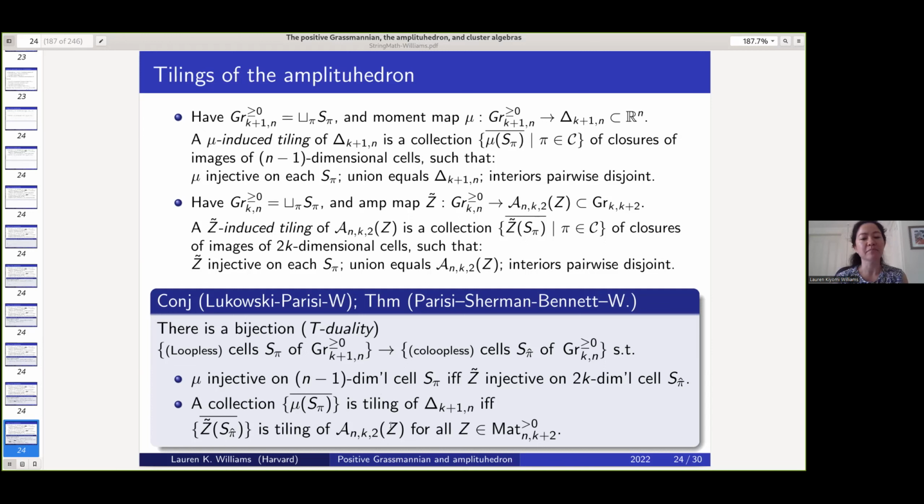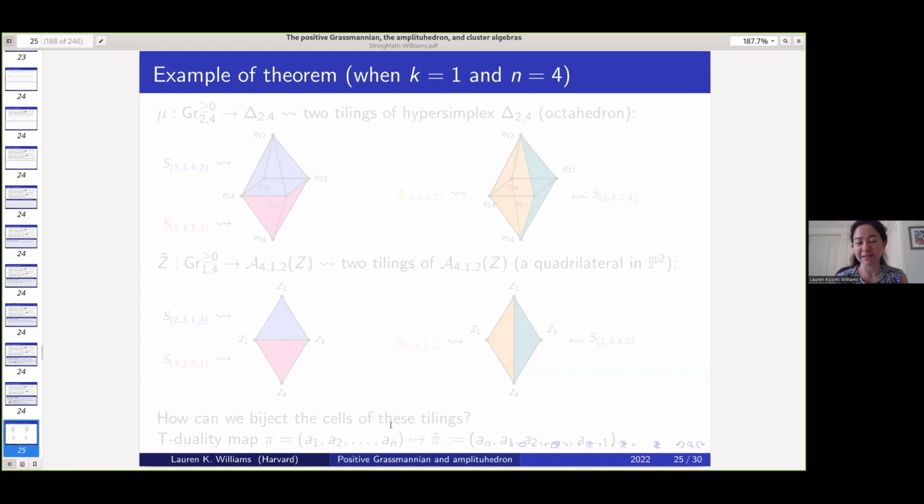This is true for any k and any n, and I'll now show the only example that we can draw, which is the following. We have our moment map from G(2,4) to the hypersimplex, which is an octahedron.